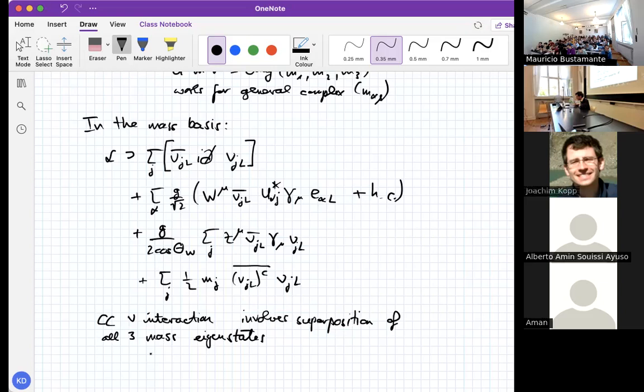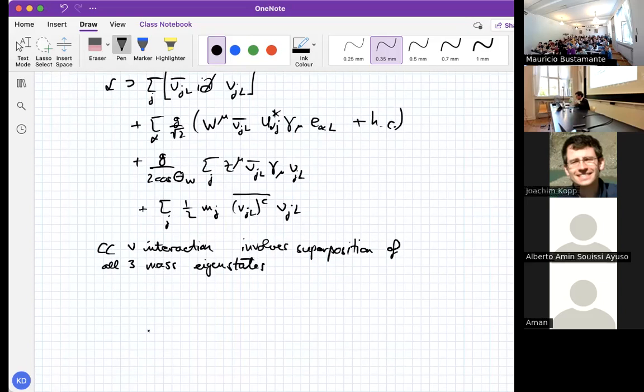So in terms of Feynman diagrams, for instance, the interaction of the W with the electron is now split into three diagrams, for instance, like this, plus the corresponding diagram with a ν2, plus the corresponding diagram with a ν3.